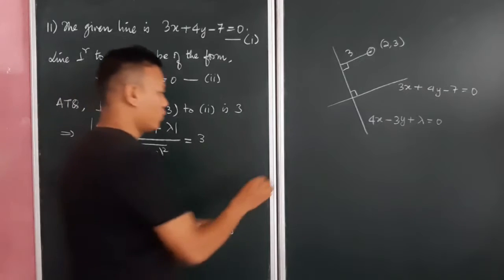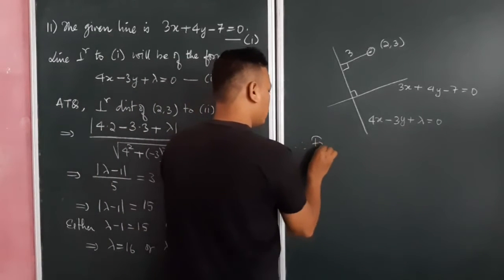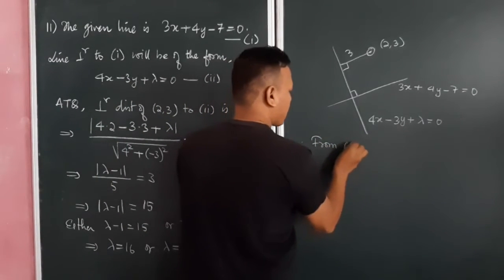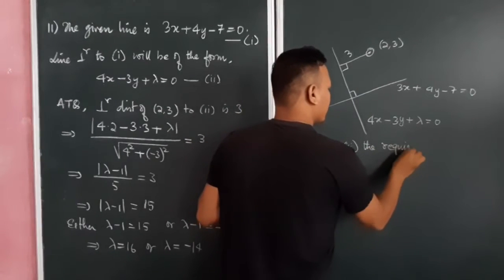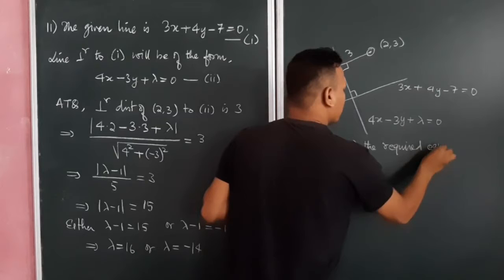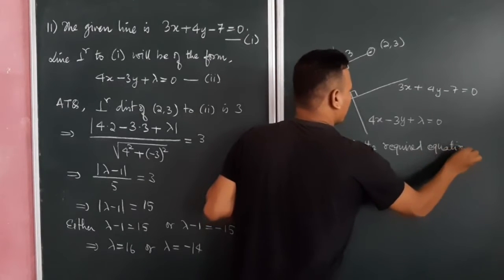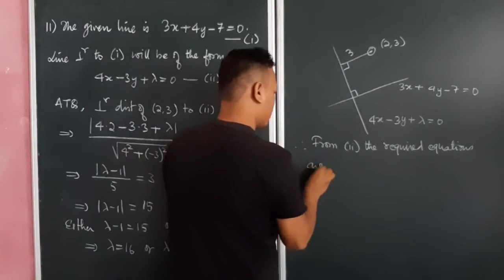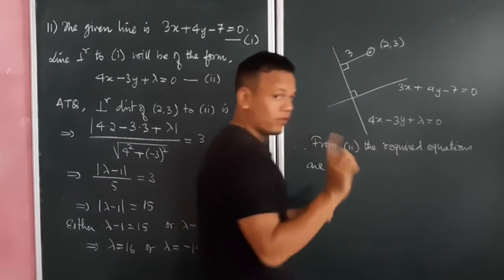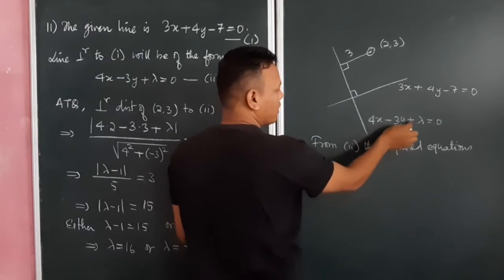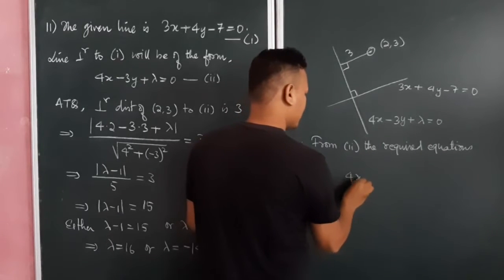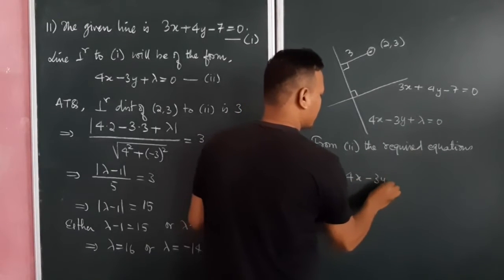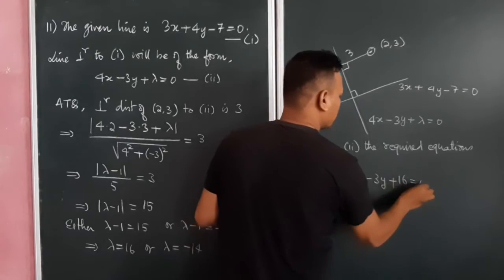Therefore from equation 2, the required equations are: 4x minus 3y plus lambda, where lambda is 16, so 4x minus 3y plus 16 equals 0.